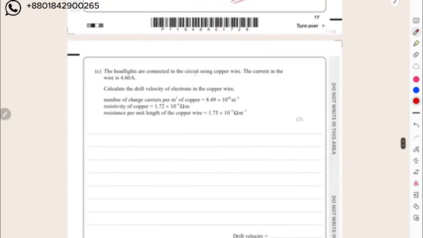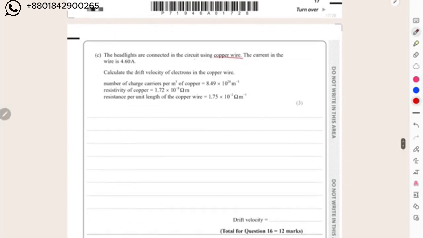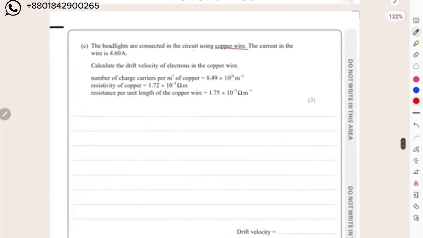The headlights are connected in the circuit using copper wire. The current in the wire is almost 4.6. Calculate the drift velocity of the electrons in the copper wire. They have given you some information: resistance per unit length, resistivity, and the value for number of charge carriers.